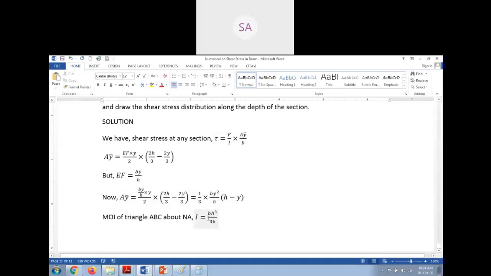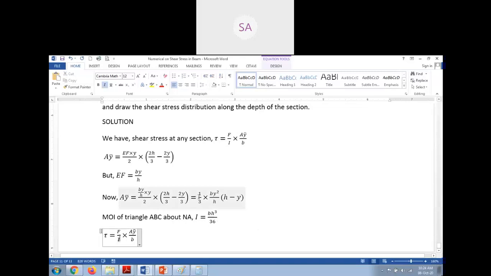So this is the equation of moment of inertia of a triangle about its neutral axis, right? Now I can substitute all these values in this expression, and you have to simplify this expression. So let me do this expression. F by I, for time being I'll keep I as it is. I'll substitute the value of I later. I'll just put A y bar by B.